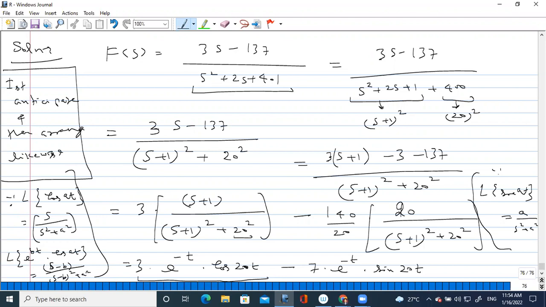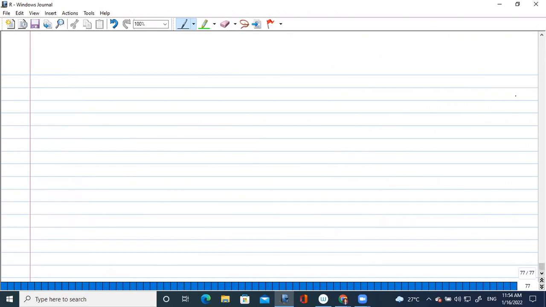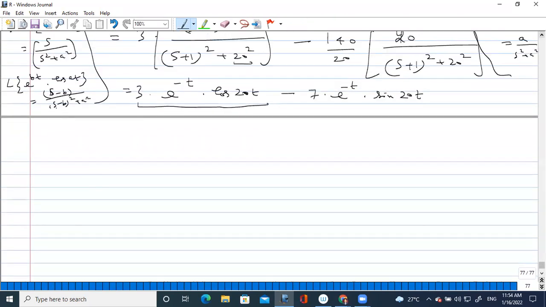Done, sir. Okay, but sometimes this answer, again I'm telling you, is not in this form. Then you will say that in the options no answer is available. Sometimes they may ask you in the graphical form. So that skill also you should have. Suppose it is a graphical form, f(t).